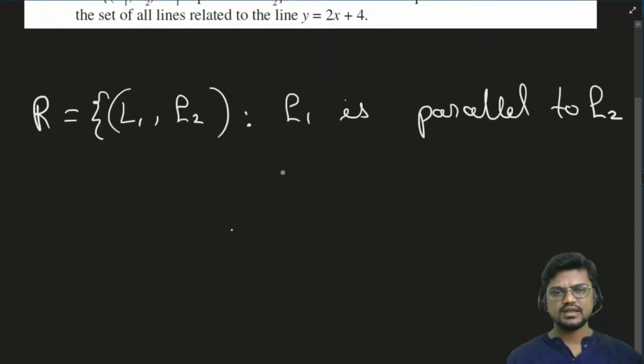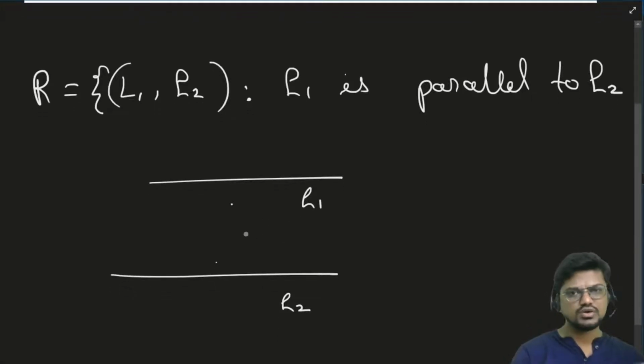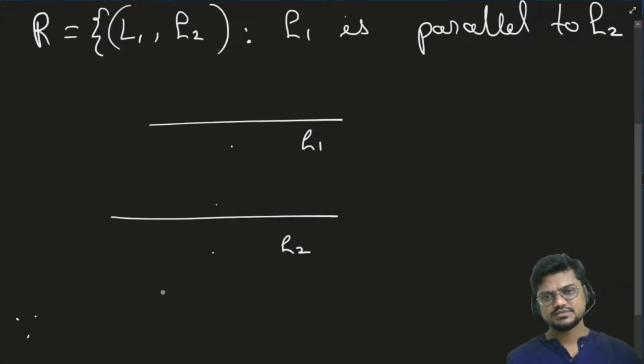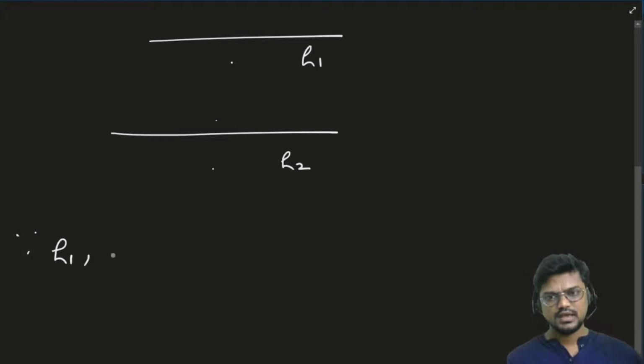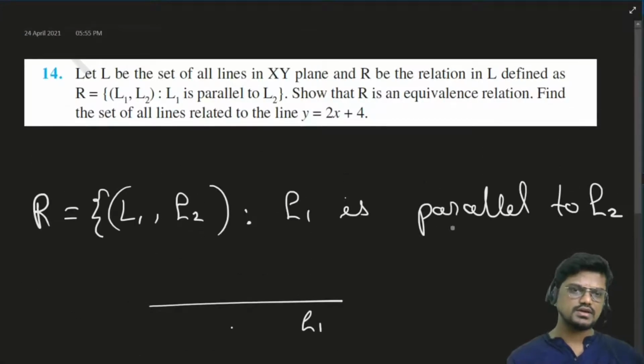See, if I have one line over here, this is L1 and this is L2. Can I say L1 is parallel to L1 itself? Can I say L2 is parallel to L2 itself? I can say that, right? So L1 comma L1 belongs to the relation, and L2 comma L2 also belongs to the relation, because L1 is parallel to L1.